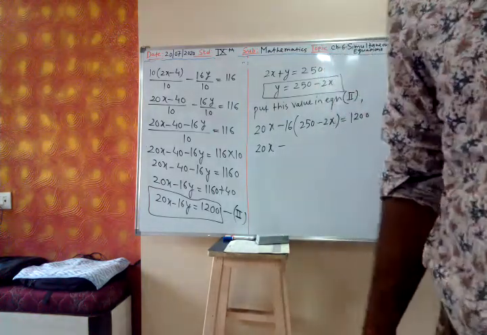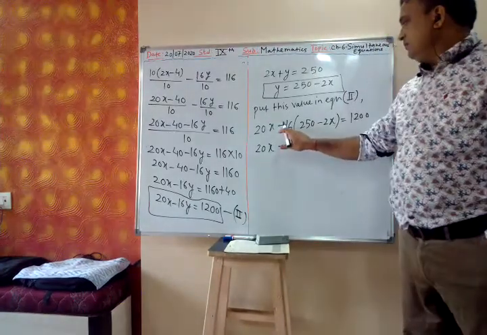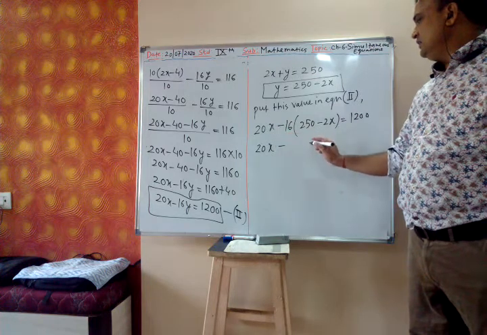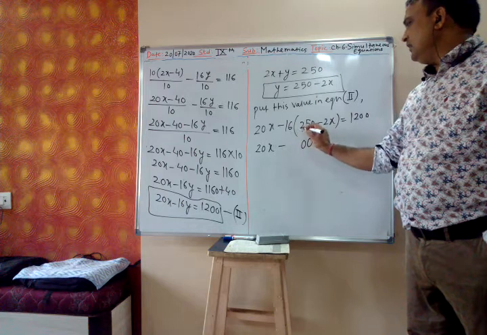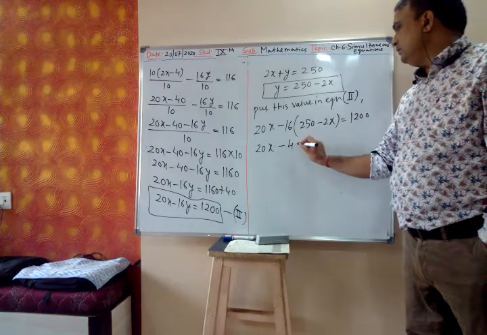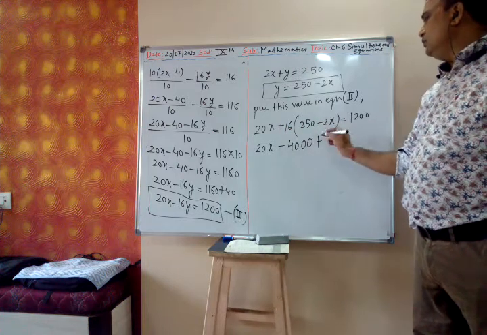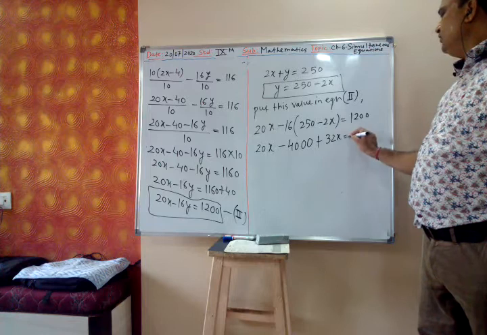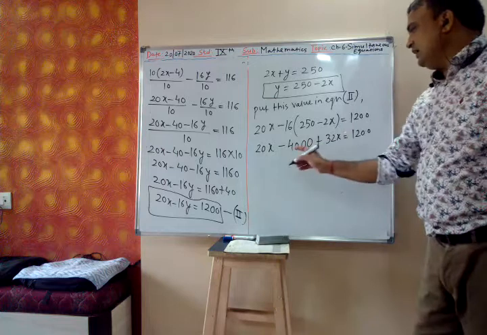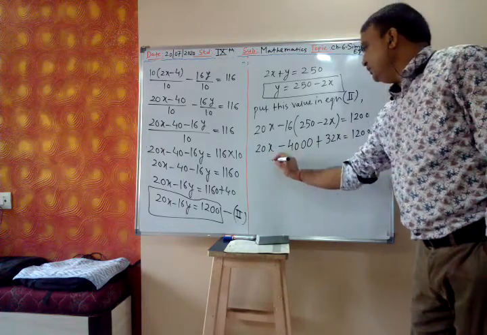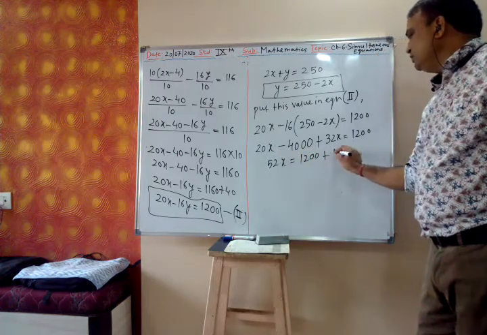Open the bracket: 16 into 250, 16 times 5 is 80, 16 times 2 is 32 plus 8, 40, 4000. Minus minus plus 16 into 2x, 32x, is equal to 1200. Now 20x plus 32x, I can add 20 plus 32, 52x is equal to 1200 plus 4000.